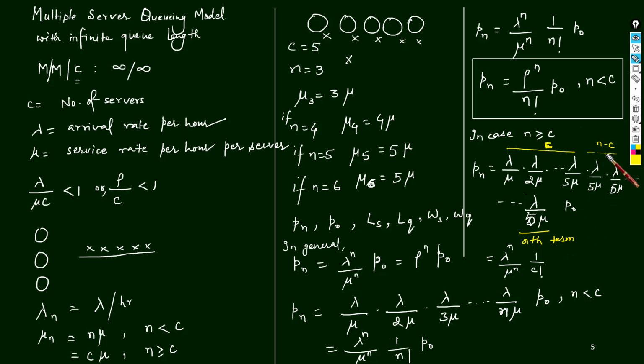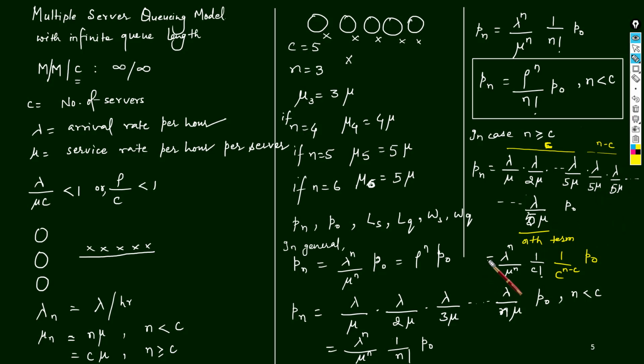How many 1 by c are multiplied? Total n minus c terms. So can we write 1 by c to the power n minus c? Correct? And after this, p naught. So this is the expression: lambda to the power n, mu to the power n, 1 by c factorial, 1 by c to the power n minus c, p naught. Okay?